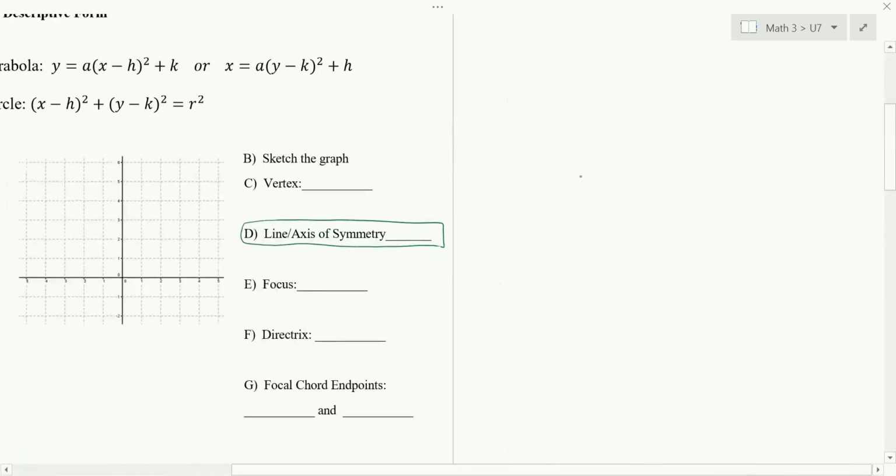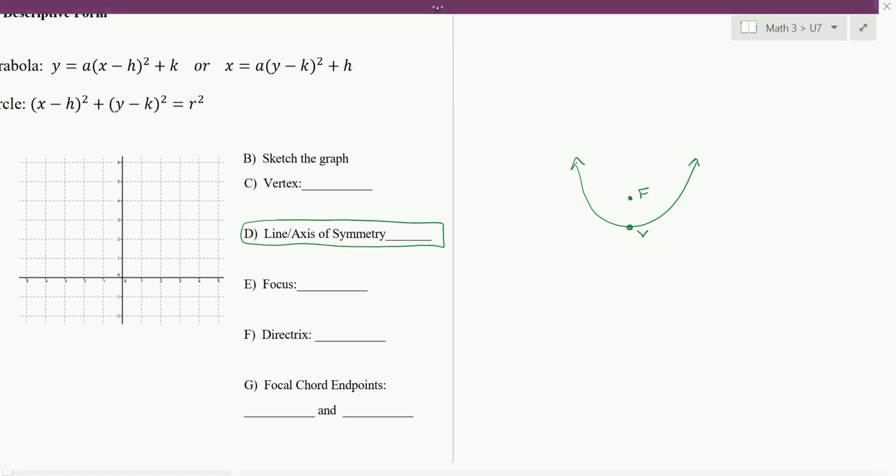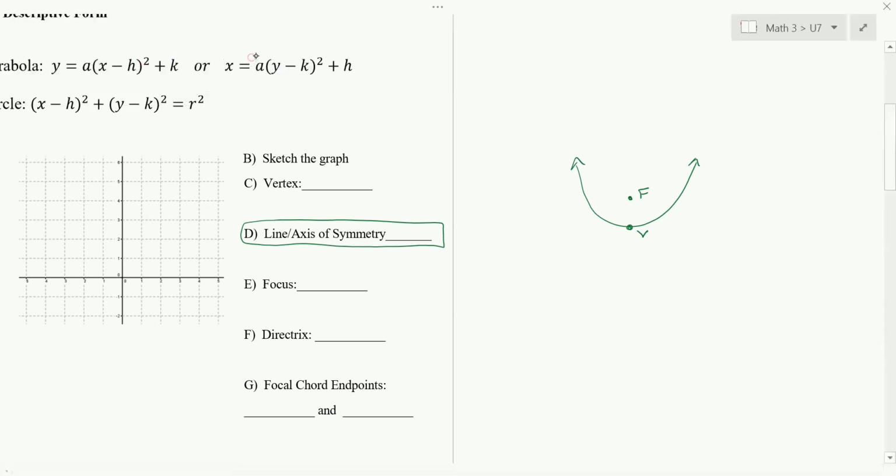So if you have a parabola, you know the parabola has a vertex and it has a focus. The axis of symmetry or the line of symmetry is the line that passes through the focus and the vertex. That's what it is. So those two points, the line that passes through those two points is your axis or line of symmetry.